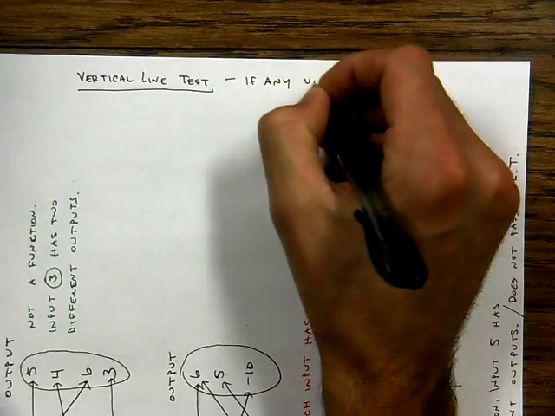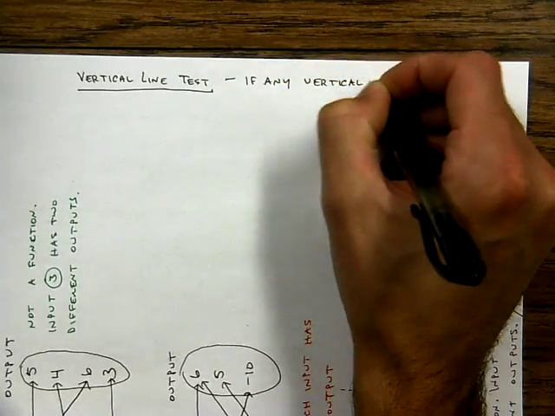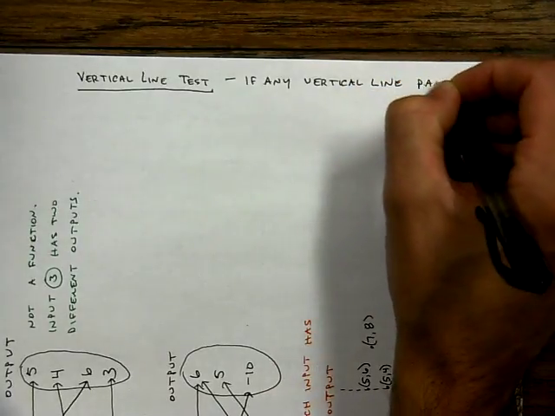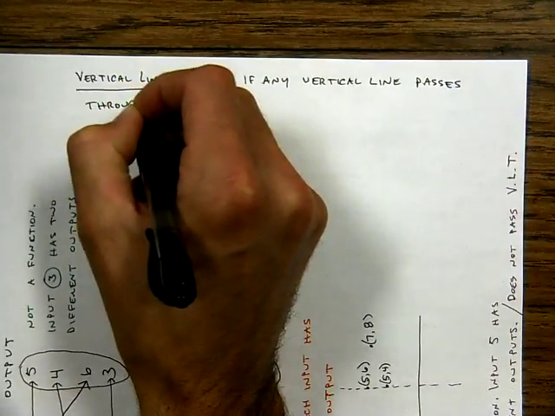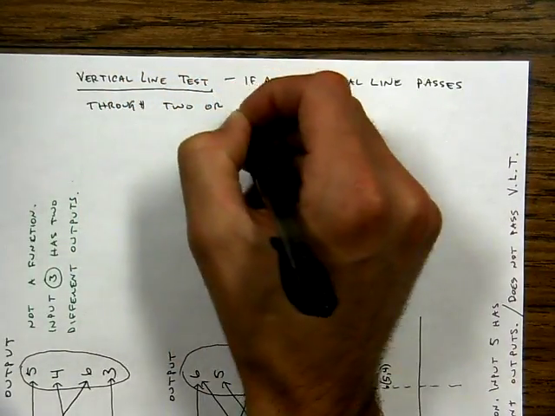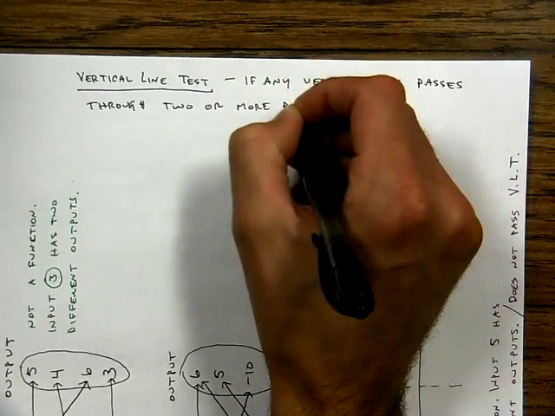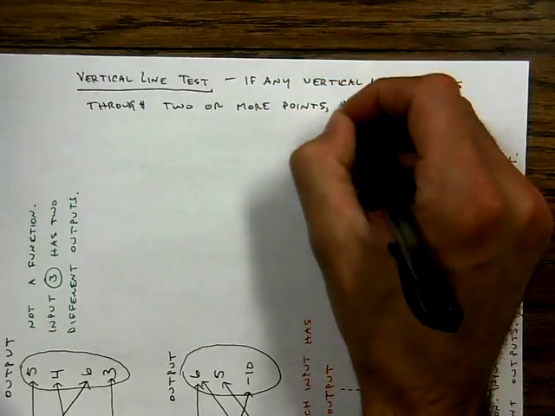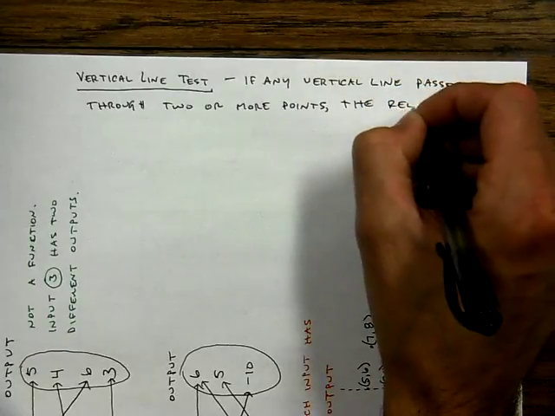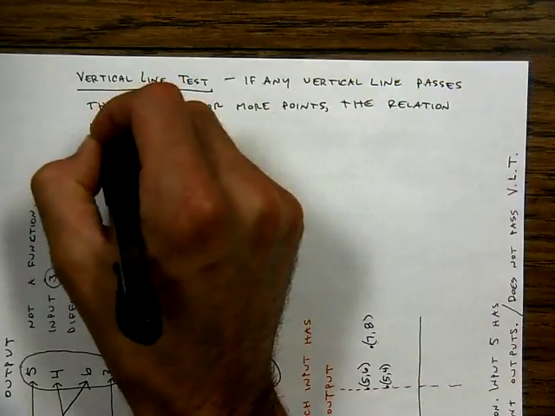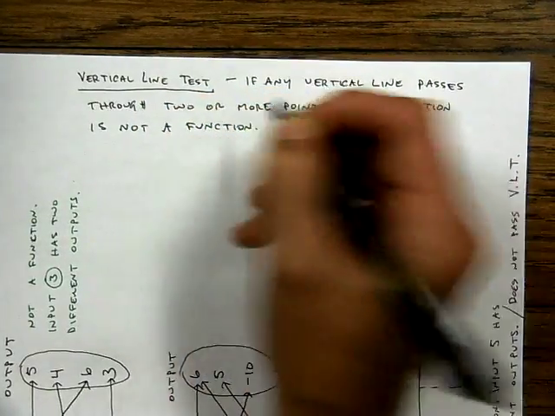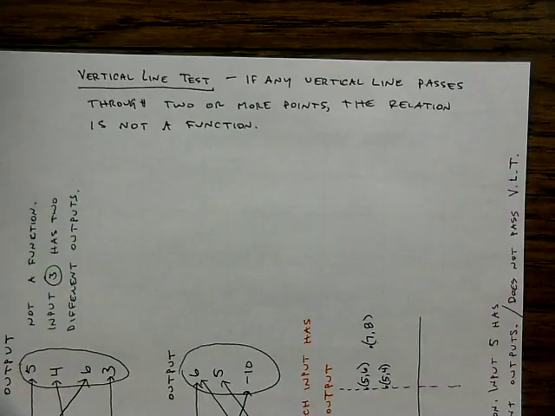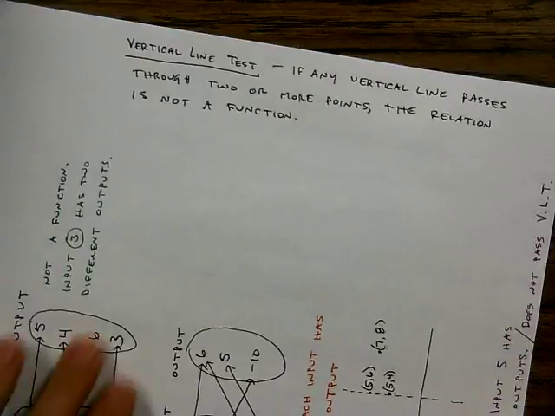If any vertical line passes through two or more points, the relation is not a function. If any vertical line passes through 2 or more points, the relation is not a function. And so that's what we're seeing here in this last one.